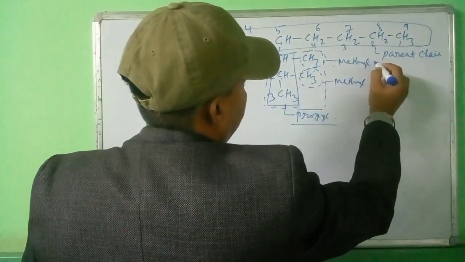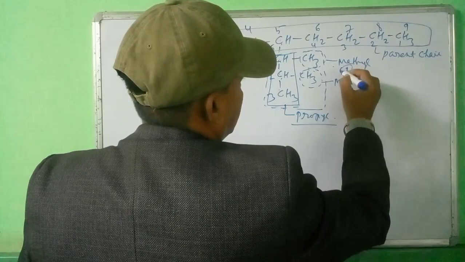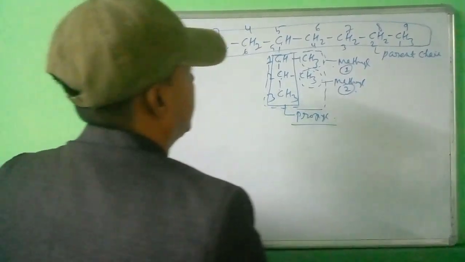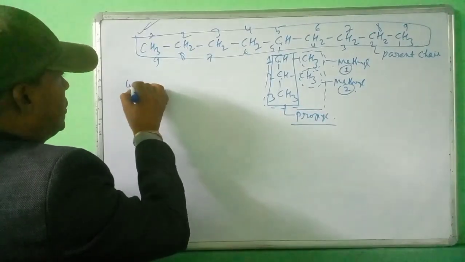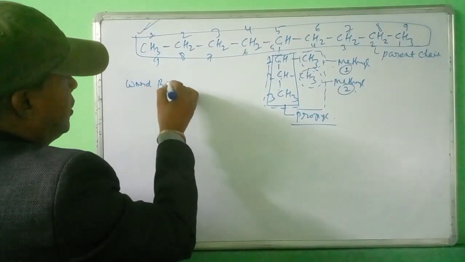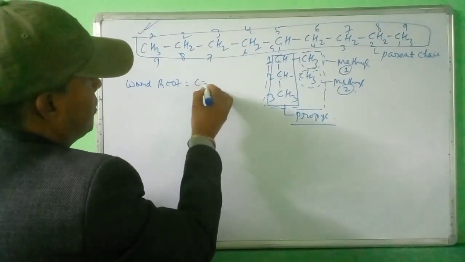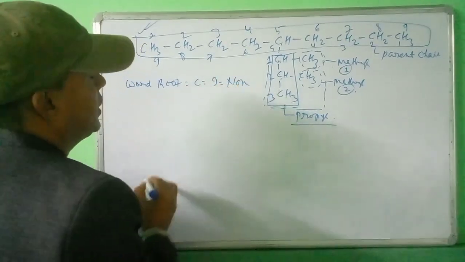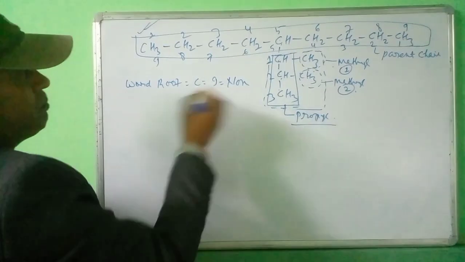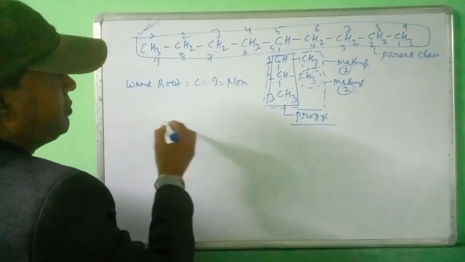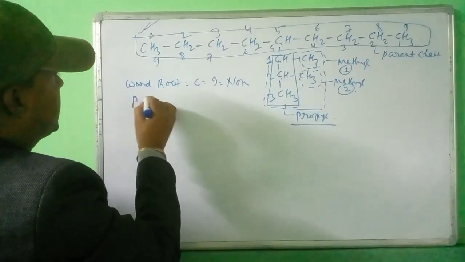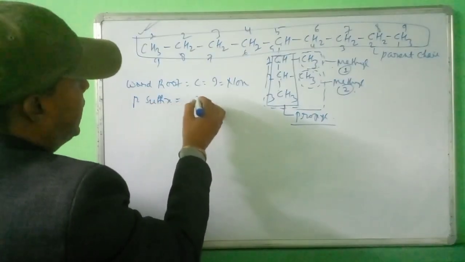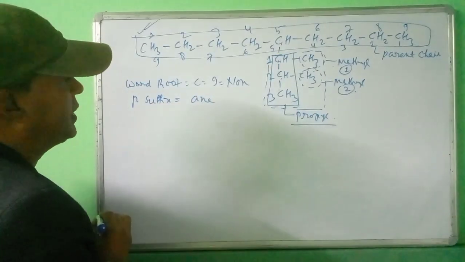So this alkyl has the first position, and this alkyl has the second position. Now we write the word root. Number of carbon 9, so non. Then the primary suffix, which is ane.